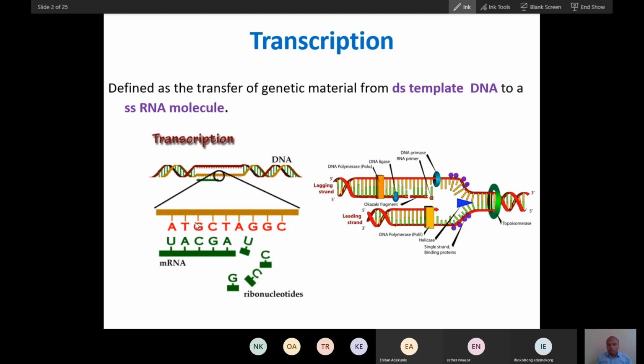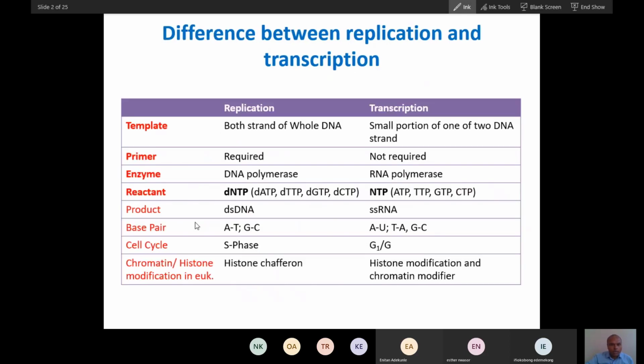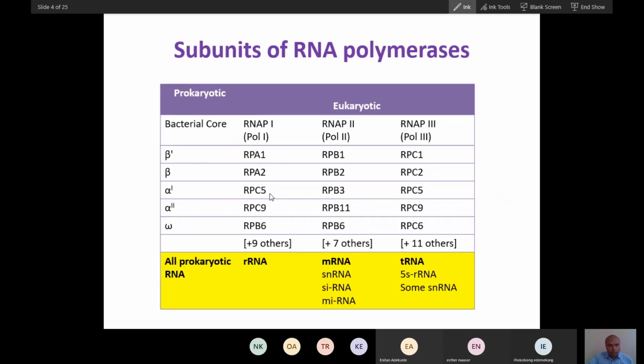And this transcription event happens always, in permanent cells and in dividing cells, during G1 phase. So you can see these basic differences. I've already done these basic differences in table form.